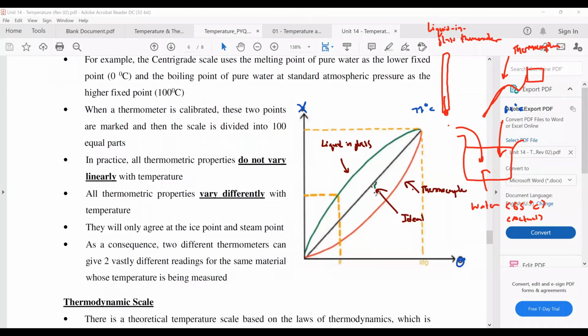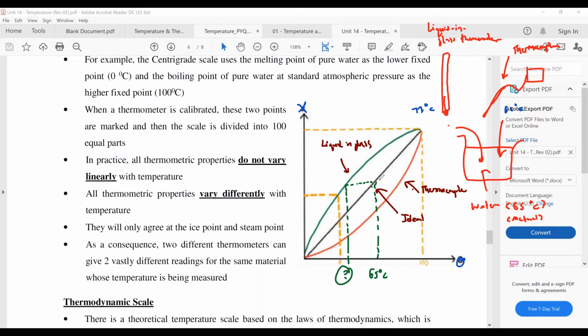If you have it at 65 degrees, for a liquid in glass thermometer, it is going to give you this property, which in turn gives you this value.